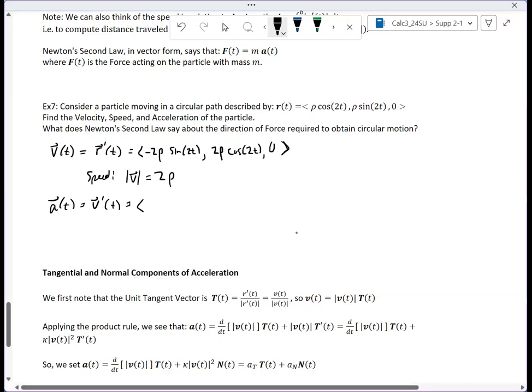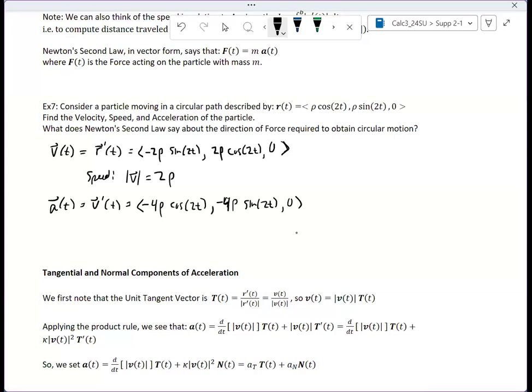When I differentiate again, I get another factor of 2 that pops out. So I get negative 4 rho cos of 2t, negative 4 rho sine of 2t, comma 0.